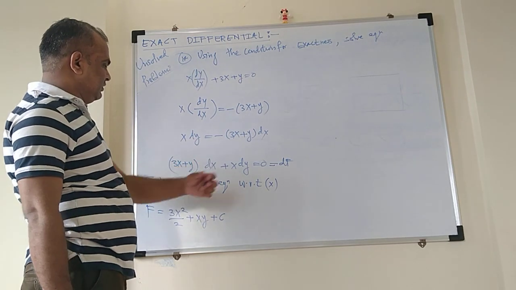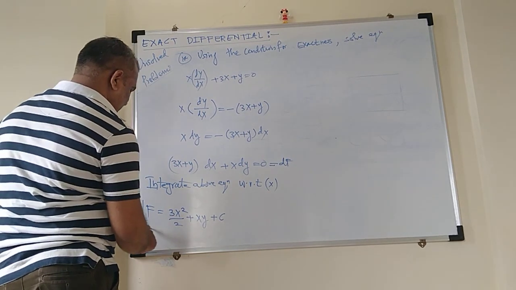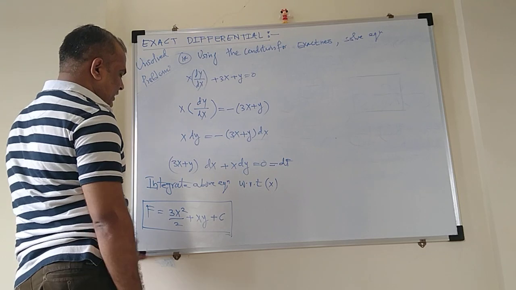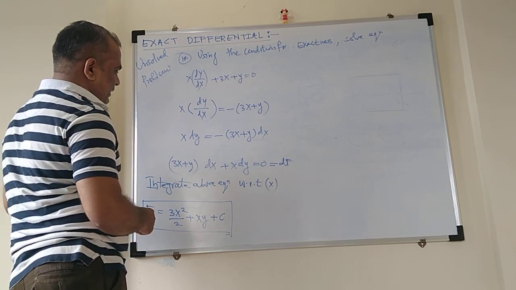So the function f is equal to 3x square by 2 plus xy plus c is the solution of this problem, isn't it?